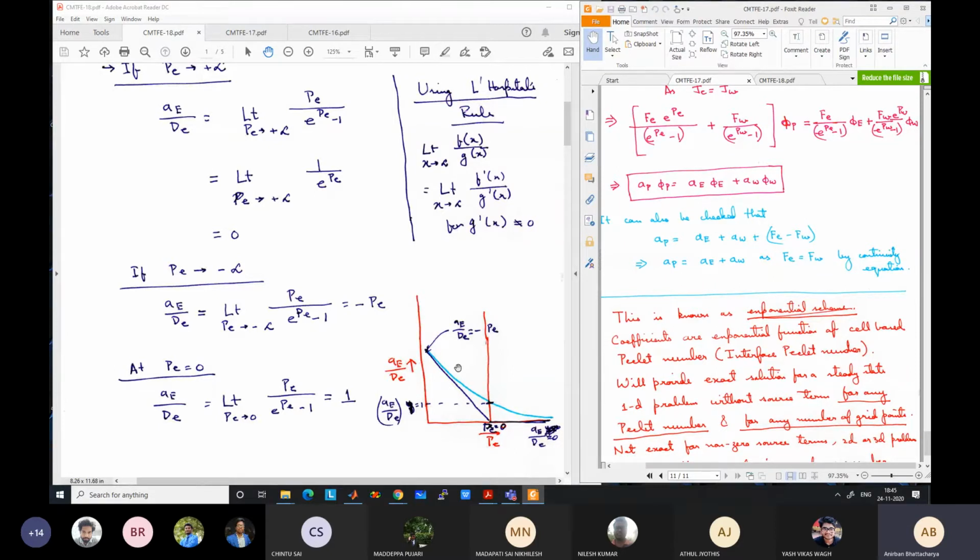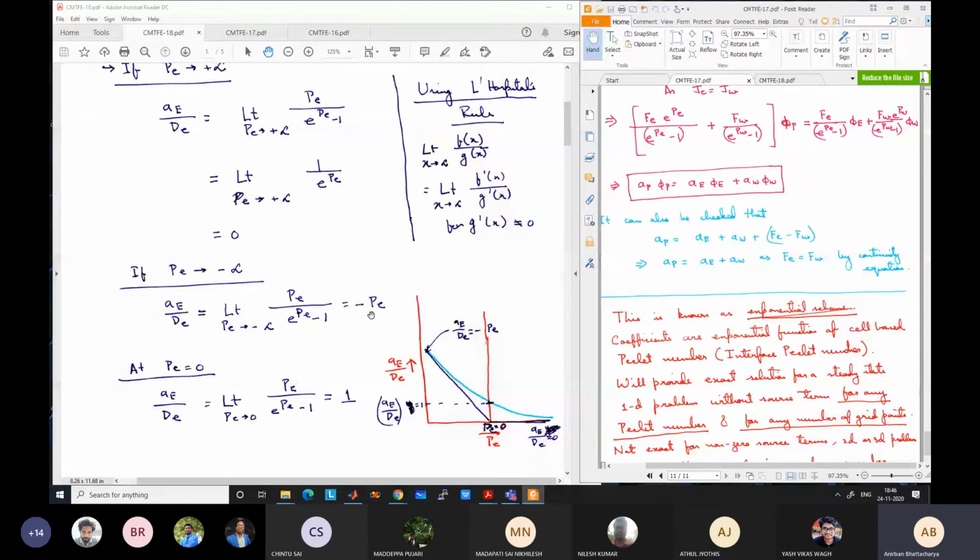Okay, one straight line is for very large negative values of P, where the straight line is given by this violet color line. So we can assume that for very large negative values of P, the curve will be very near to this straight line.